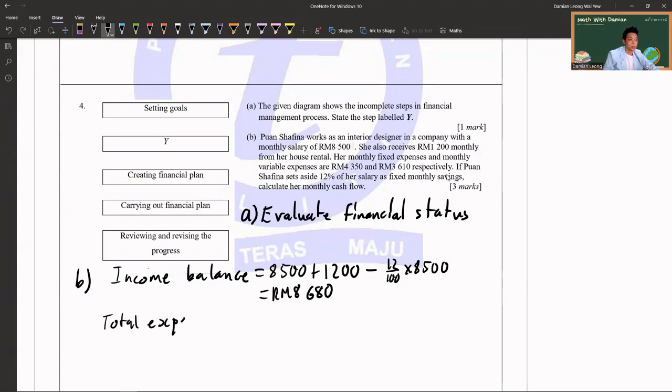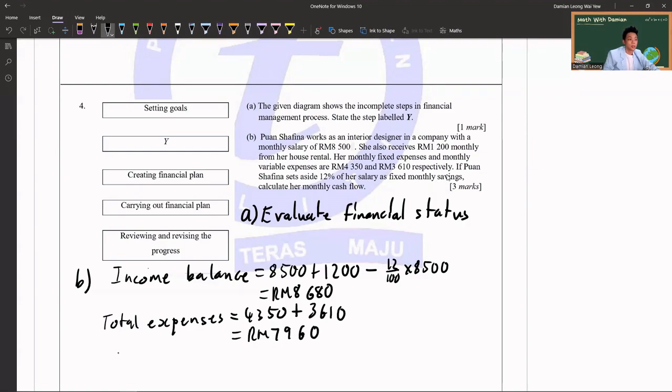Total expenses: total fixed expense plus total variable expense, sorry, 7,960 ringgit.